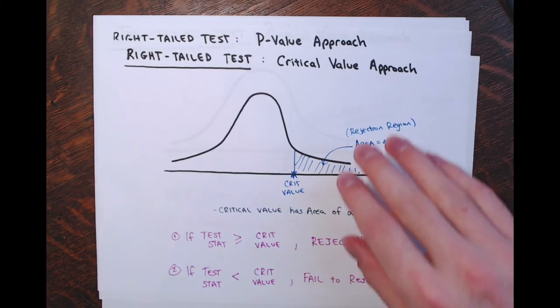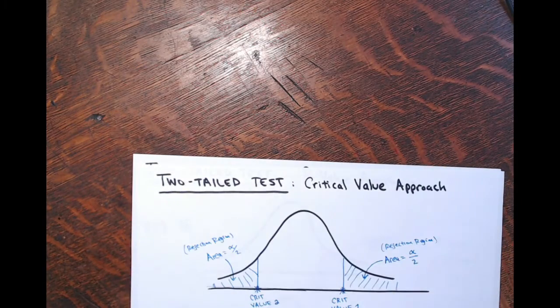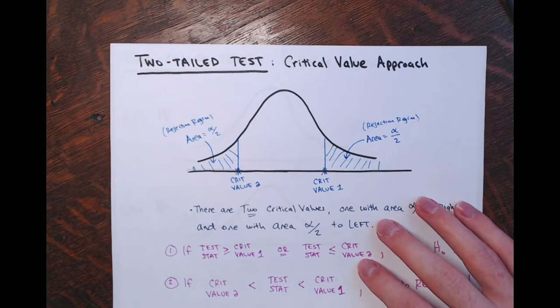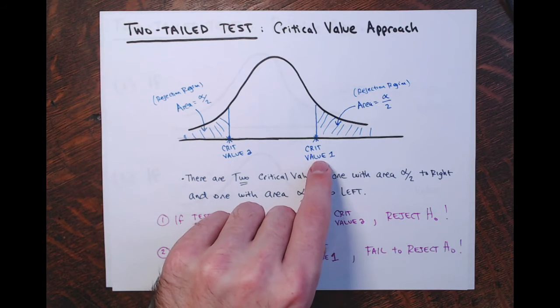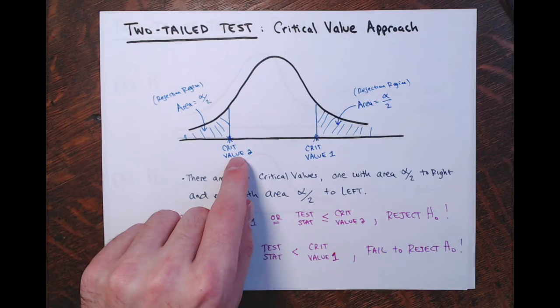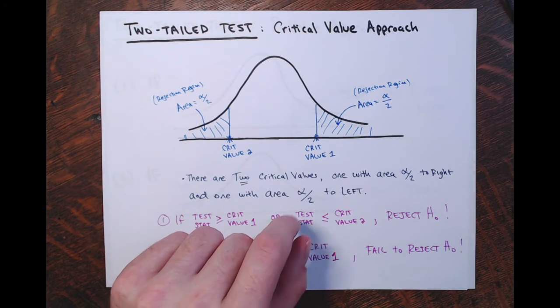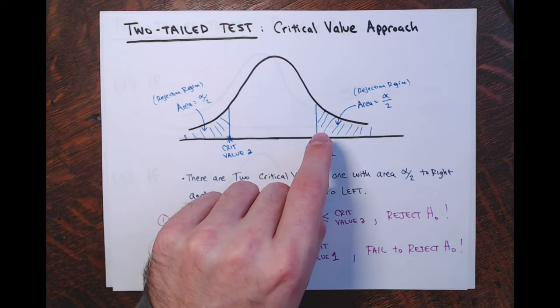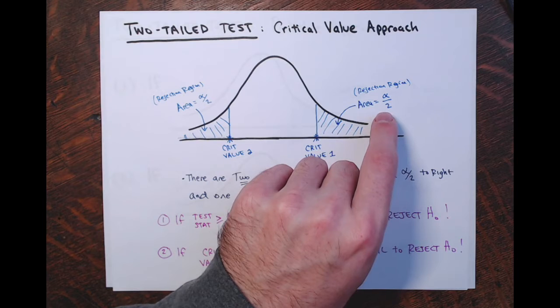And then finally, in a two-tailed test with this critical value approach, there are two critical values. I called the one on the right here critical value 1, and the one on the left over here critical value 2. The critical value on the right has an area to the right of it of half of alpha, right?